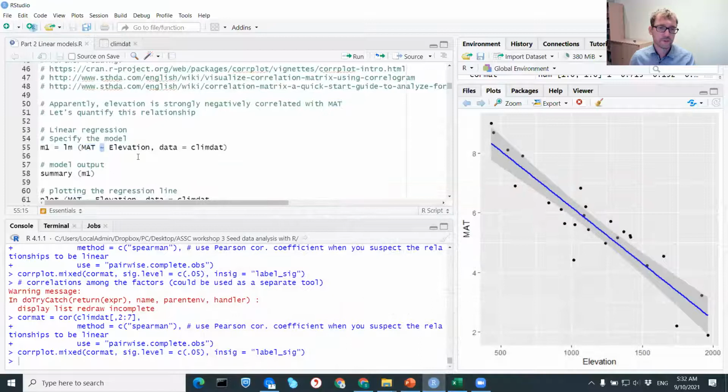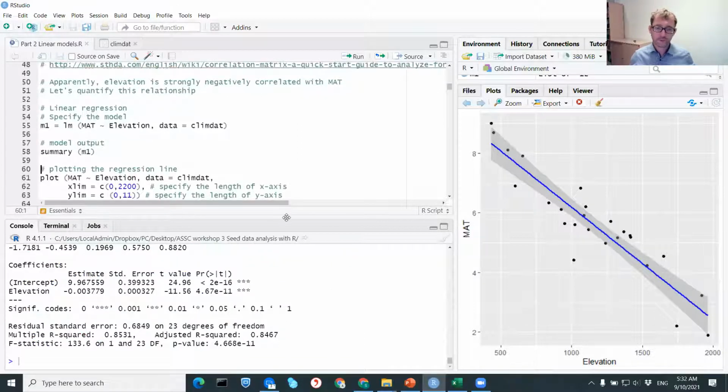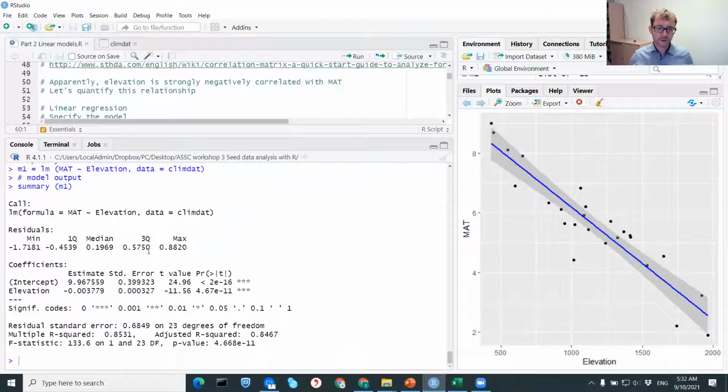Use this symbol here. And of course, you specify what kind of data the software needs to use. Right. In the next step, you get the model output, a lot of numbers we are going to discuss in a moment.